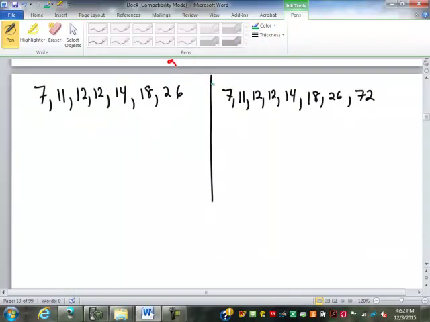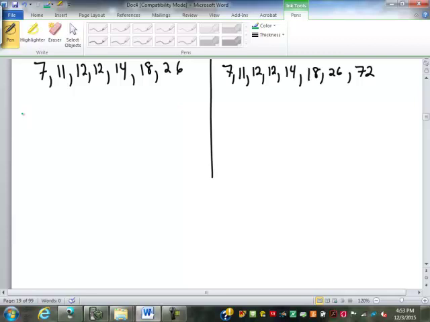Well, just look at the numbers themselves. Not worried about middles or anything like that. Centers. Same set of data, but this one has a 72 on the end here. That's significant.